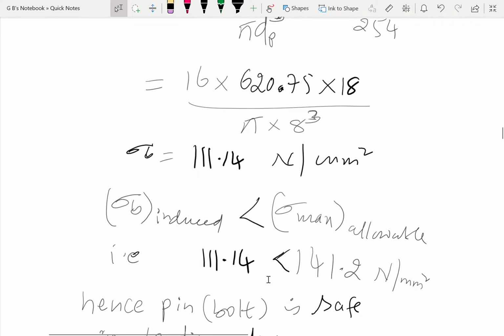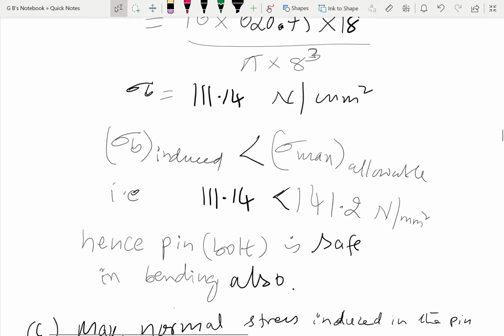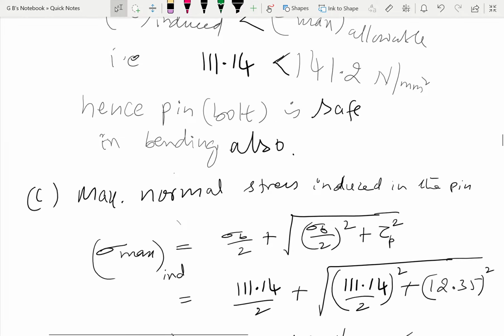So bending stress in the pin is 111.14 Newton per millimeter square, but allowable stress is 141.2 Newton per millimeter squared in the pin or in the bolt. So hence the pin is safe in bending also.